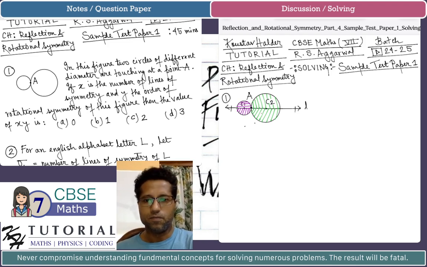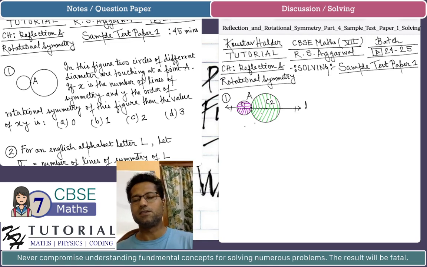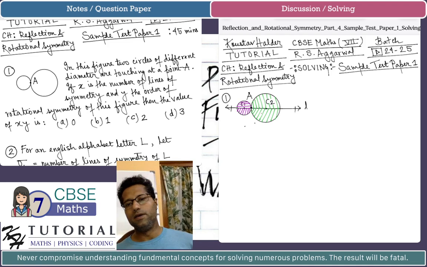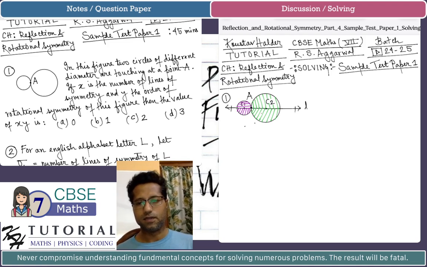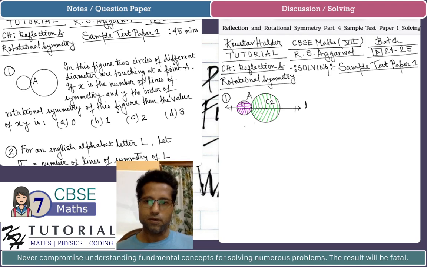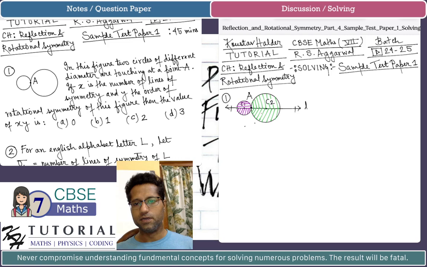This line of symmetry L will be horizontal only if the two circles are touching in such a way that the line joining their centers is a horizontal line.